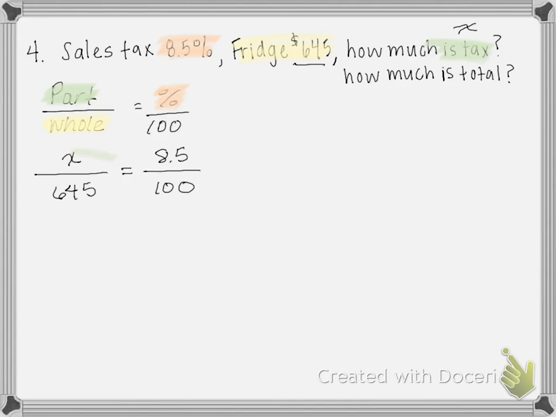And again, we work on our cross multiplying, so x times 100, that's going to give you 100x. And then we also need to do 645 times 8.5.